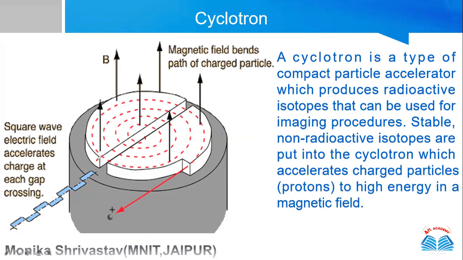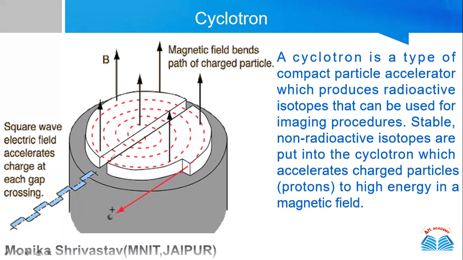So we push a charged particle up to the center, and we apply a magnetic field perpendicular to that charged particle, or perpendicular to this symmetry. What is this symmetry? There are two D's.